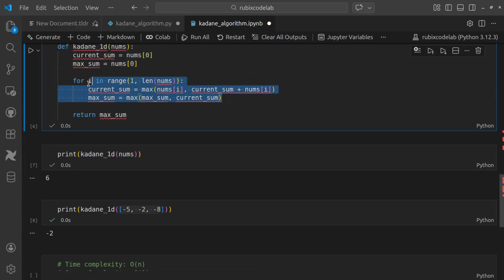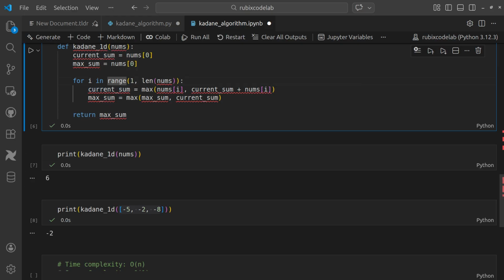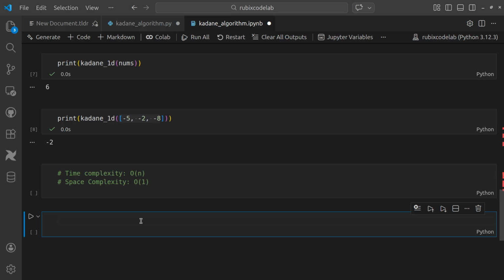If you look closely here, we have traversed the array only once. No nested loops, time complexity is order of n, and space complexity is order of 1. This is optimal. You cannot do better than linear time because you must read every element. Let's continue further, taking a few more real life examples.